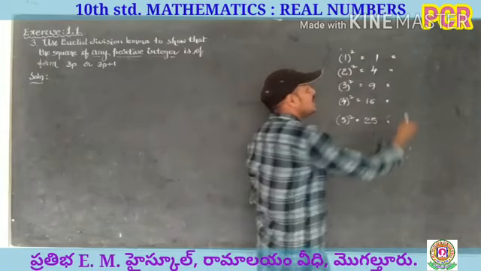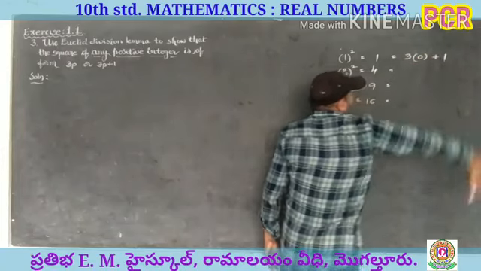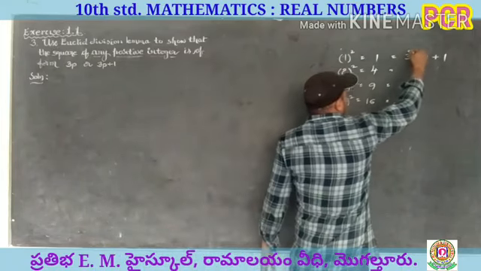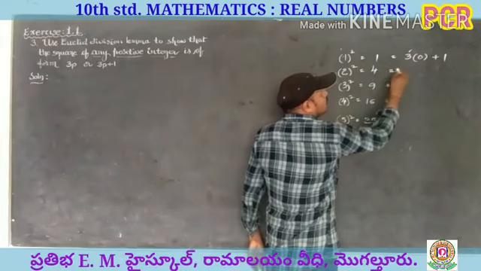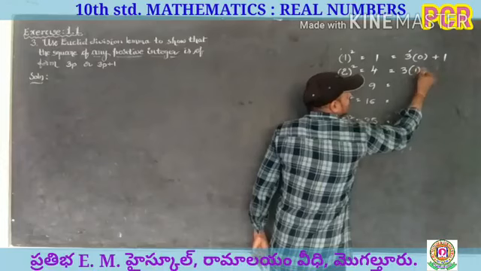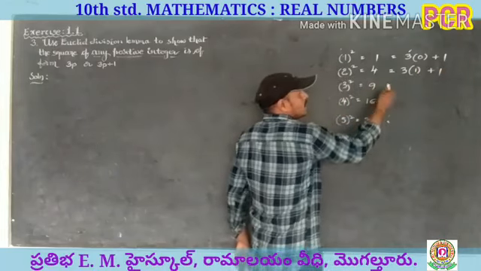This one we can write as 3 into 0 plus 1, if 3 is taken as divisor. Here 4, we can write as 3 1s are 3 plus 1, is equal to 4.